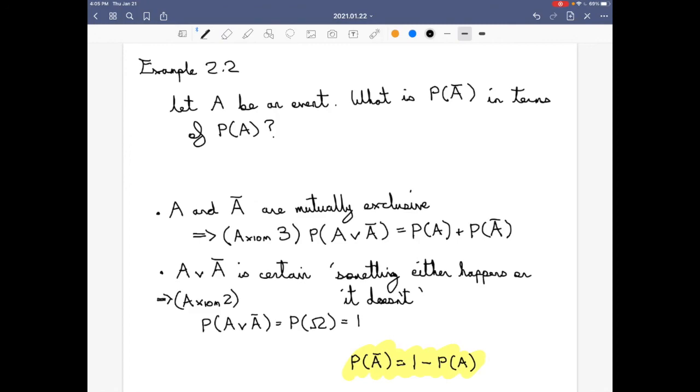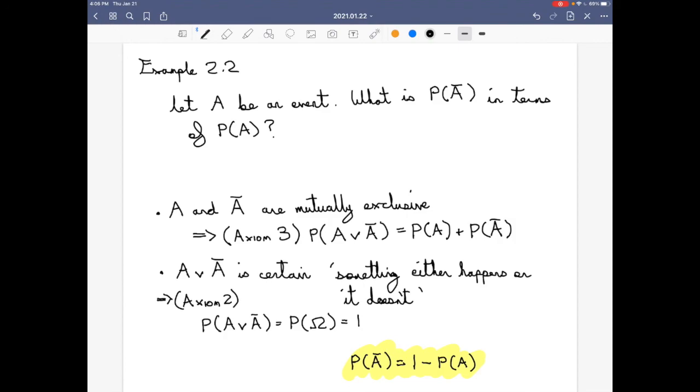And if you were thinking of how you would explain this in ordinary life, it would be like saying, well, if there's a 40% chance it rains tomorrow, what's the chance it doesn't rain tomorrow? Well, you do 100 minus 40.